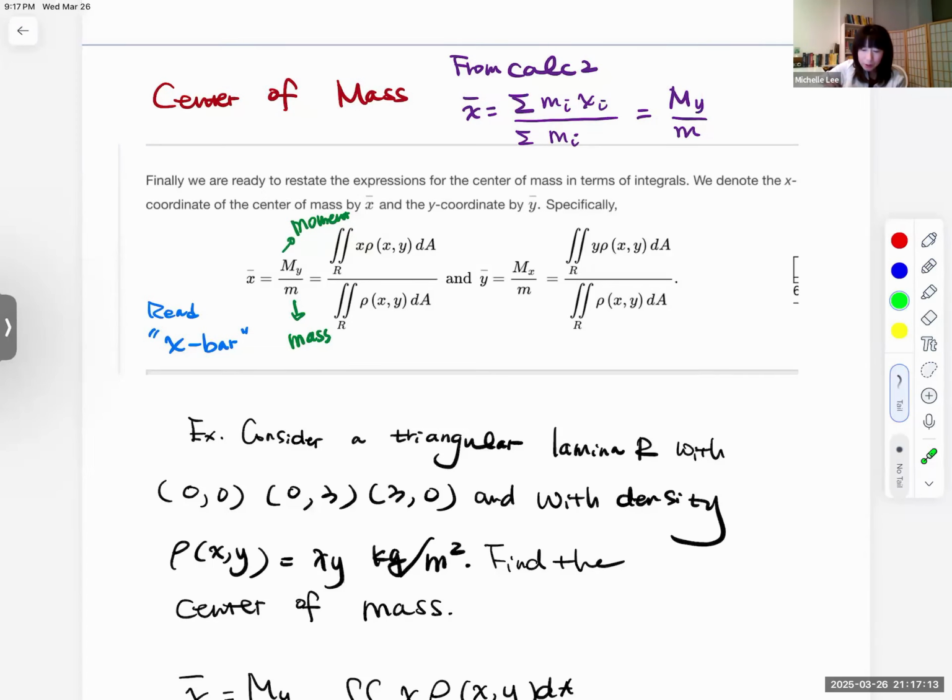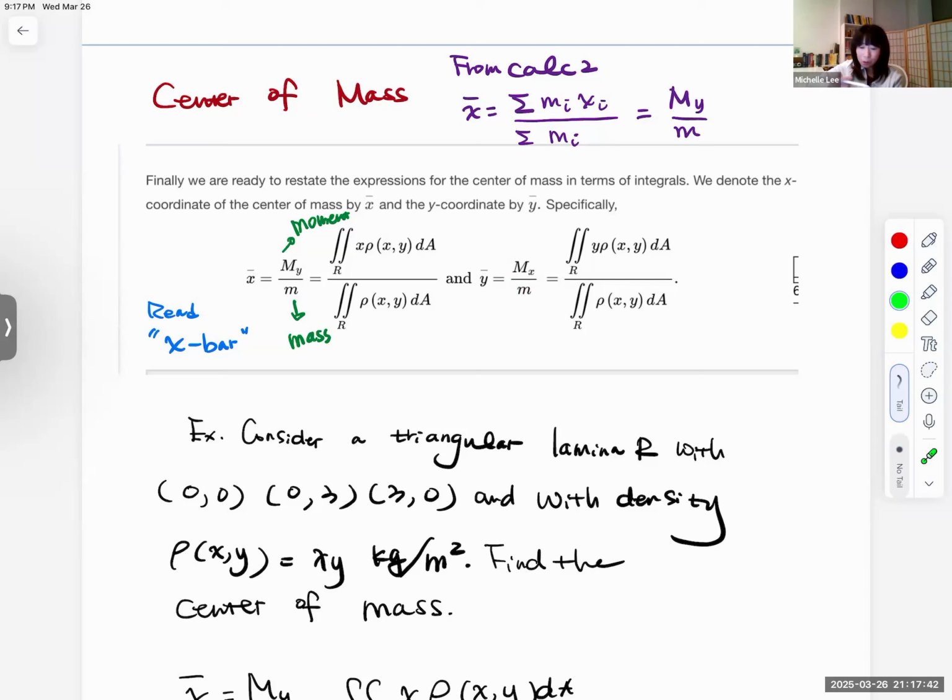Okay, same concept with y bar. We had the formula from Calculus 2, which is m sub x, because this one is the summation of the product of the mass with all the y values, over the summation of all the mass.